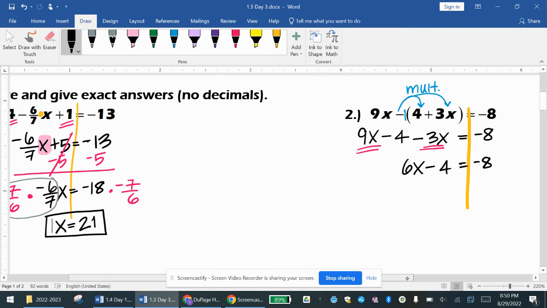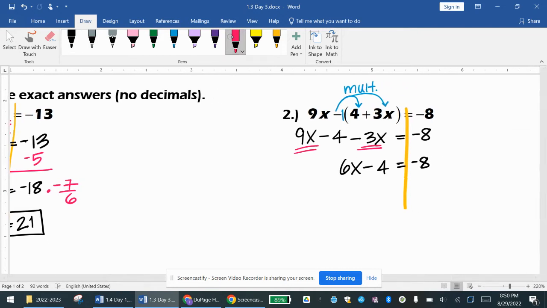And there's nothing else I can combine, so now I can start canceling addition and subtraction. So this is GEMDAS backwards. Cancel addition and subtraction first, then multiplication or division. Now remember, you're trying to get rid of the numbers that are on the same side as the variable. So here you want to divide by 6. 6 divided by 6 is 1.